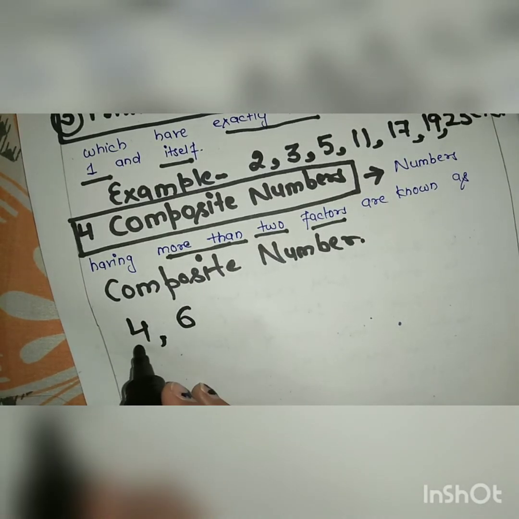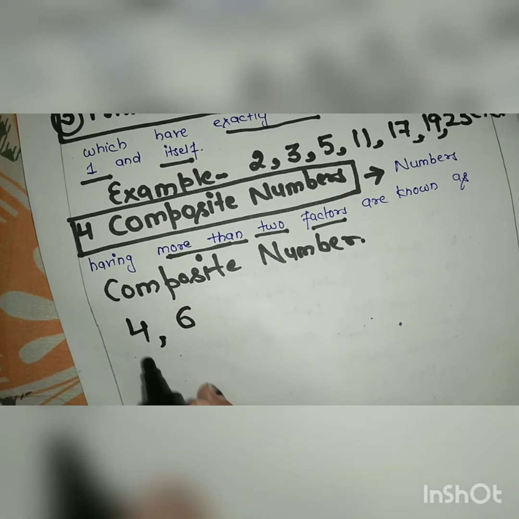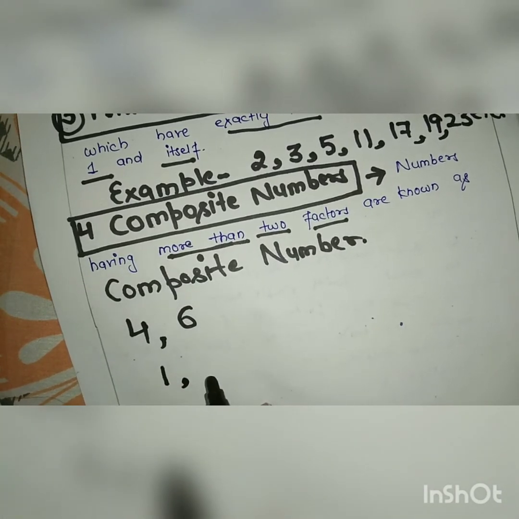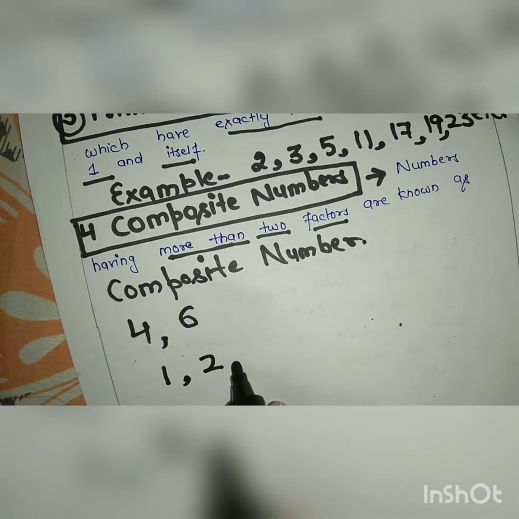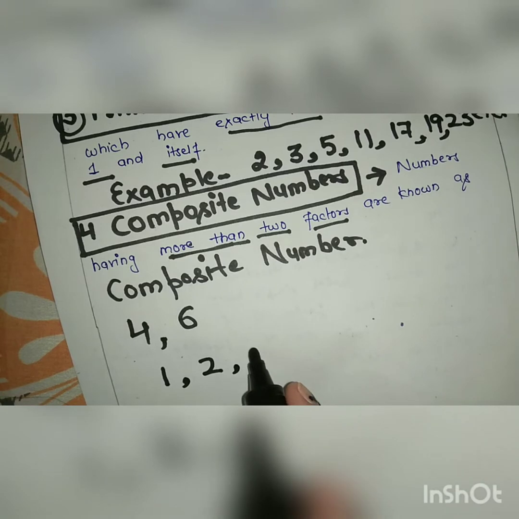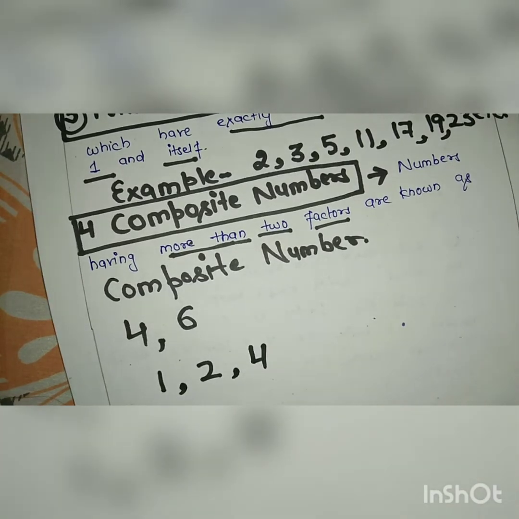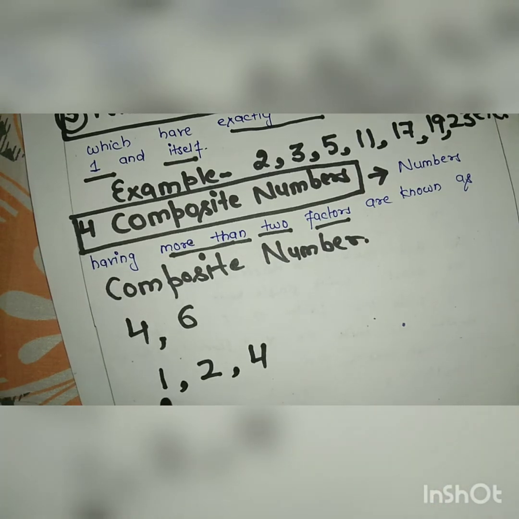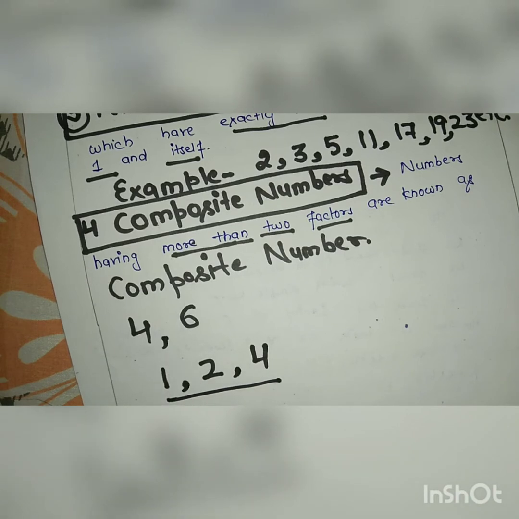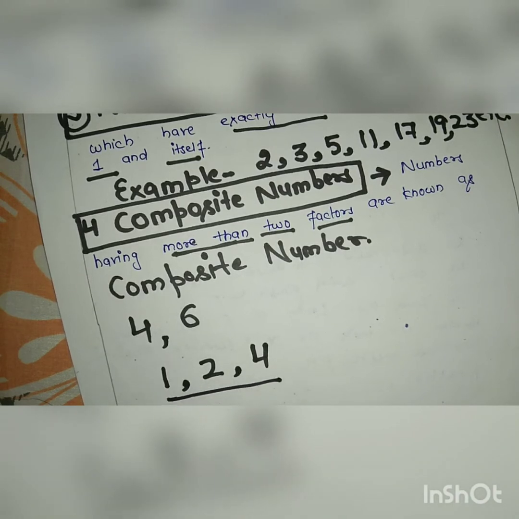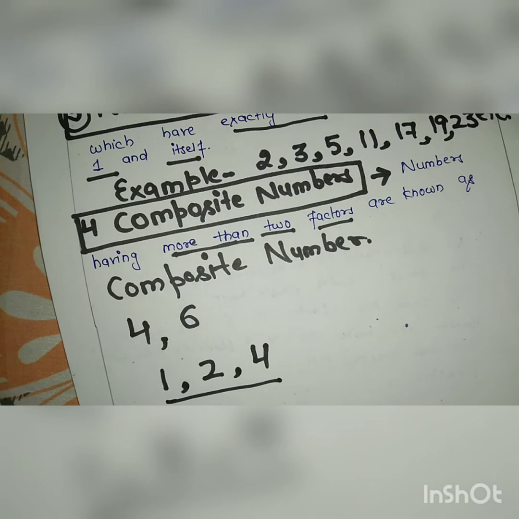How many factors of 4? See, 1, 2, and 4 itself. So it has 3 factors because 1 into 4 is 4, 2 into 2 is equal to 4, and 4 into 1 is equal to 4.